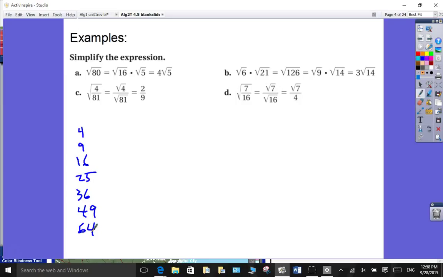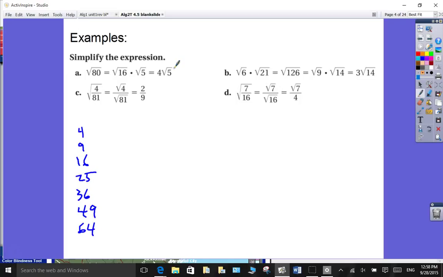You always want to take the biggest one because you want the most simplification. So you can see what they've done there. They said, okay, well, let's break 80 into 16 times 5. Because then we can simplify the square root of 16. We get the most simplification. 4 root 5. Maybe when you did this in the past, you used factor trees or something like that. I don't know. And if that works for you, by all means, do a factor tree.